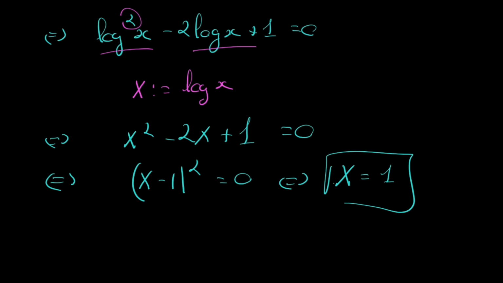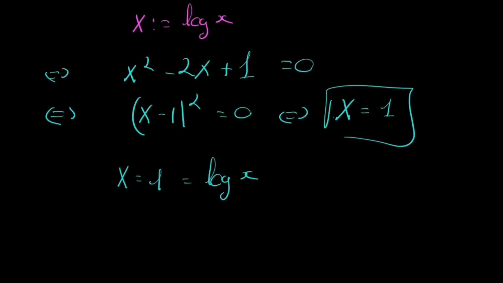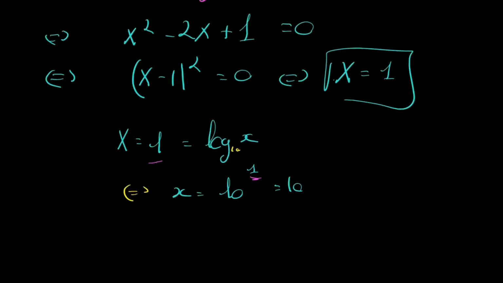And now let's solve. Capital X is equal to 1, is equal to log of little x. And we know that this thing, because log is log in base 10, is equivalent to x is equal to 10 to the first power, and this thing is equal to 10.